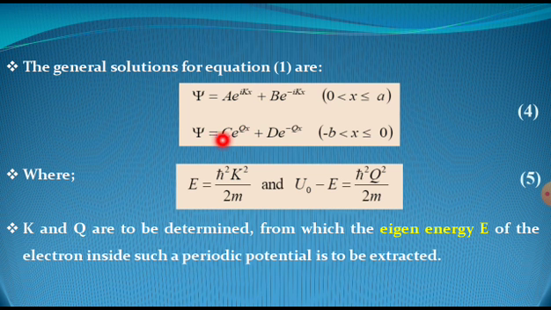For the second region, psi is equal to C e raised to q x plus D e raised to minus q x. We will identify this k and q later on, where first of all E is equal to h cut squared k squared upon 2m, and U0 minus E is equal to h cut squared q squared upon 2m.